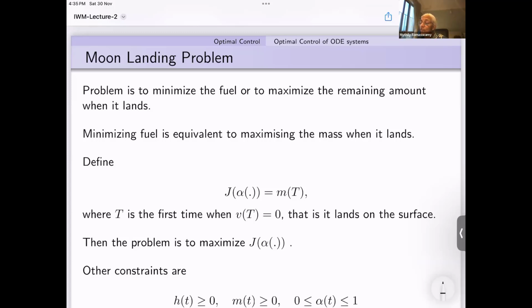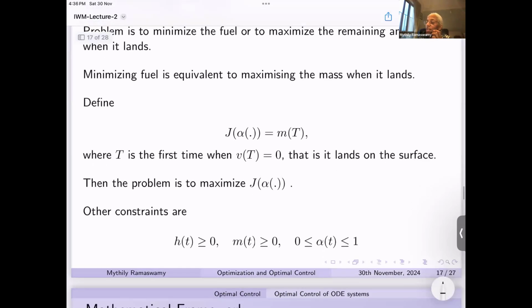T is the first time when the velocity is 0, which corresponds to soft landing. Soft landing means the spacecraft has velocity 0, so when v(T) is 0, it lands on the surface smoothly, softly. Then the problem is to maximize J(alpha), because we want to minimize the fuel. The fuel will be lost less and then the mass will be more.